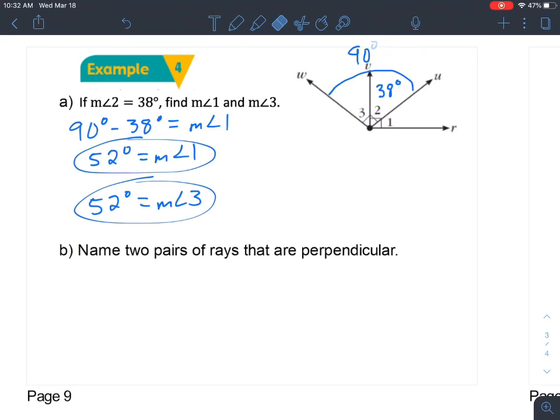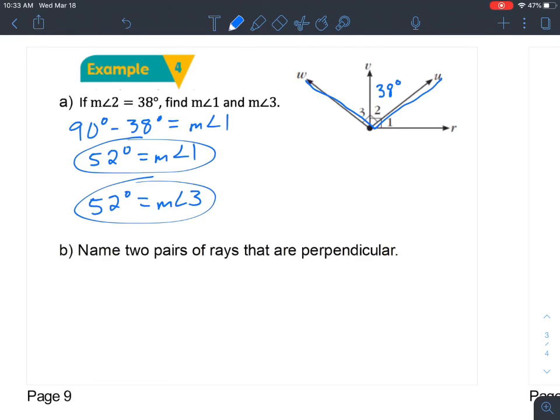All right, then for part B, what we need to do is name two pairs of rays that are going to be perpendicular. So we know, since all of these are labeled W, V, U, and R, the first two rays are going to be W and U that make a right angle.